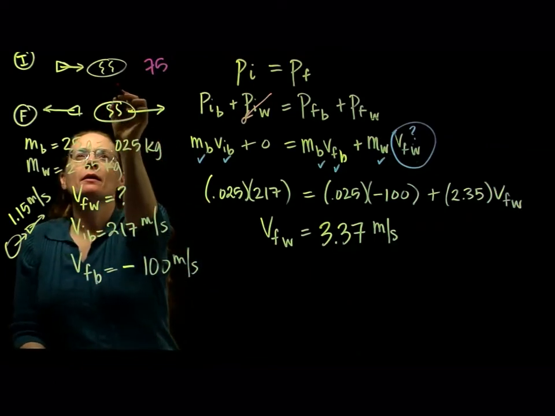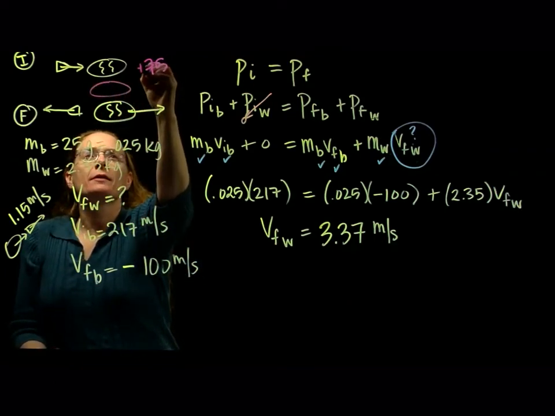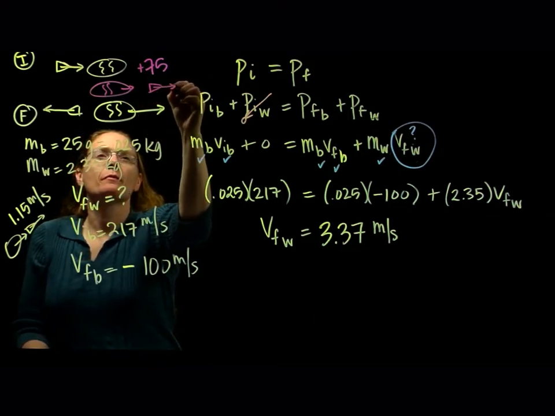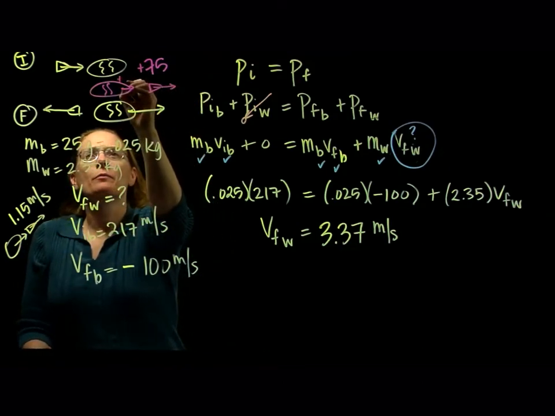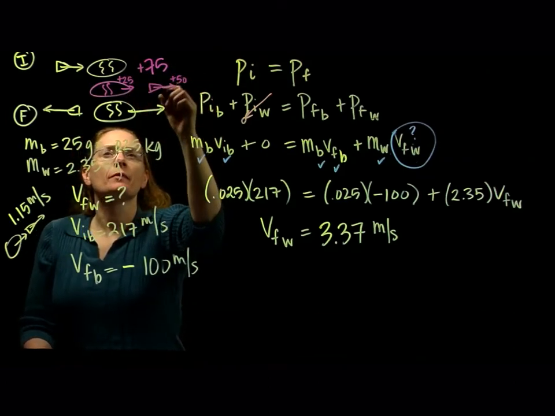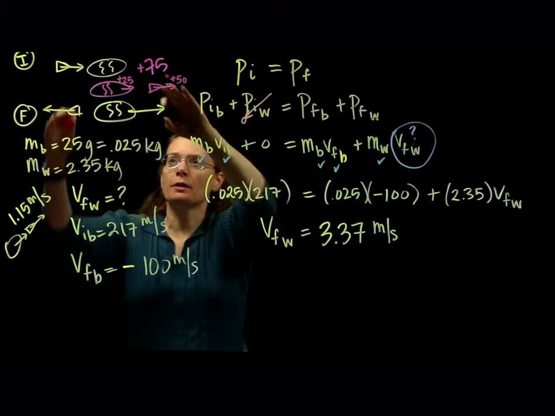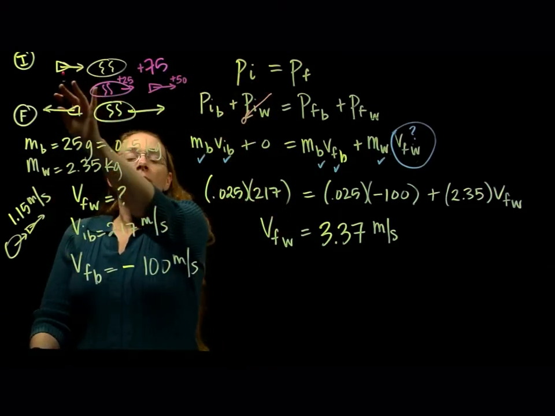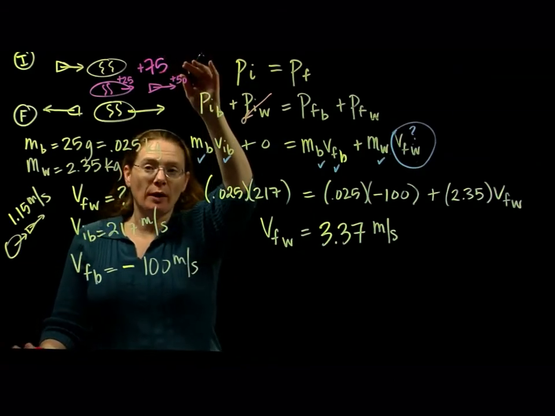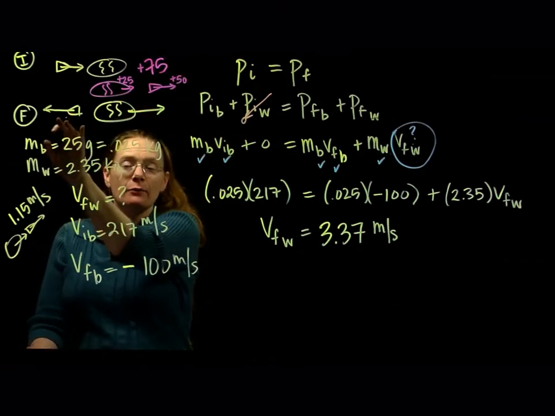When the watermelon's moving and the bullet's moving, this might have plus 25, this might have plus 50. They both have positive momentum because they're both going to the right. Same initial condition, so if we start with 75 total momentum to the right, now we have some here.